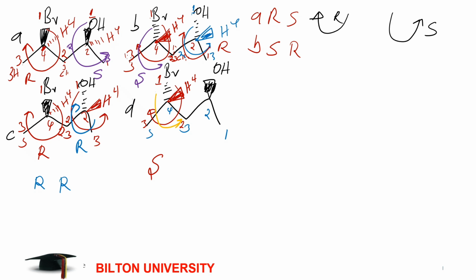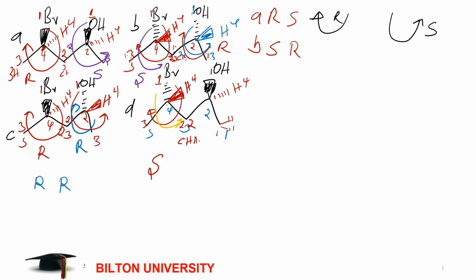Let's look at carbon number 2. The OH group is in the front, and therefore our hydrogen is going to be at the back. Based on the alignment, OH will take first priority, and carbon number 3 will take the second priority because it is directly attached to carbon number 4, so that is carbon, and it is also attached to 2 hydrogens, while this one is only attached to 3 Hs.